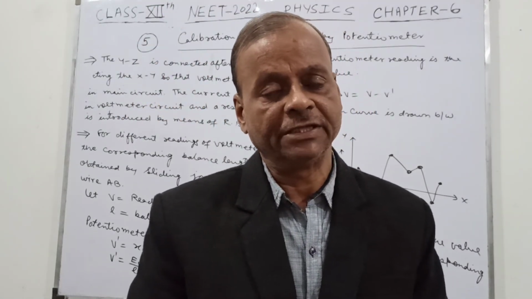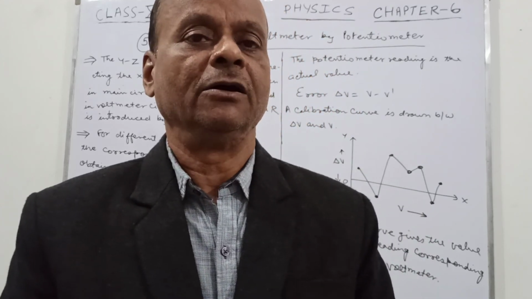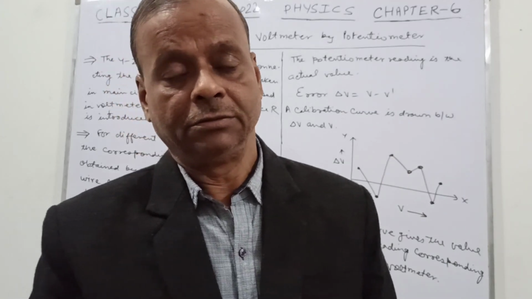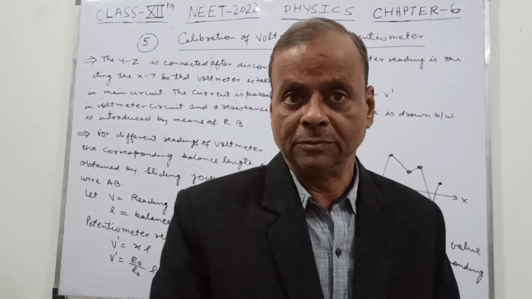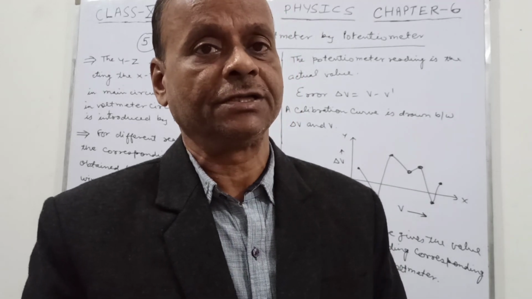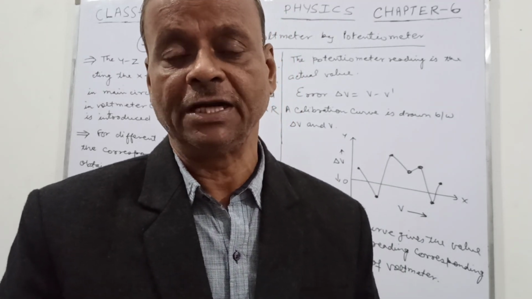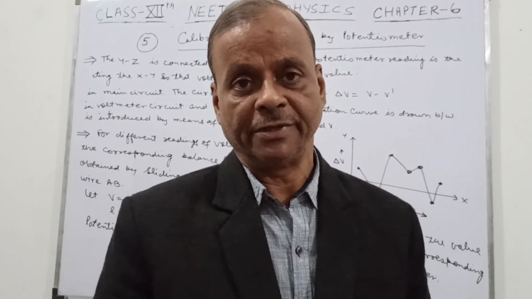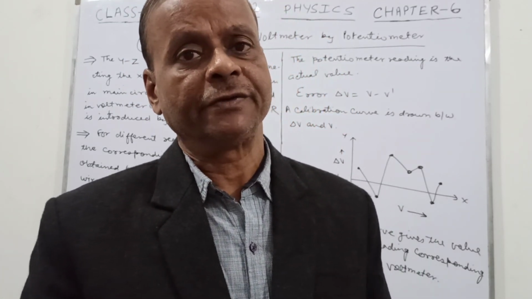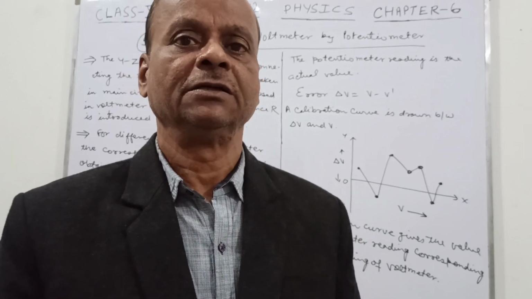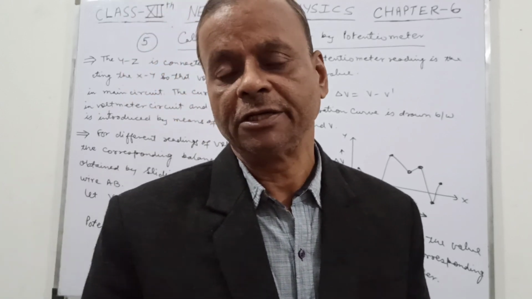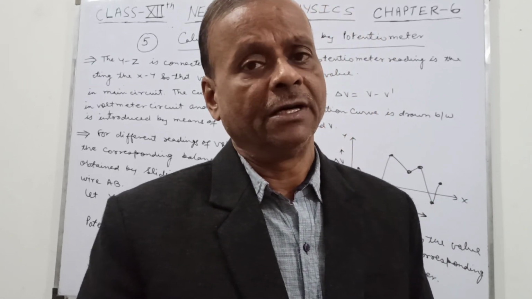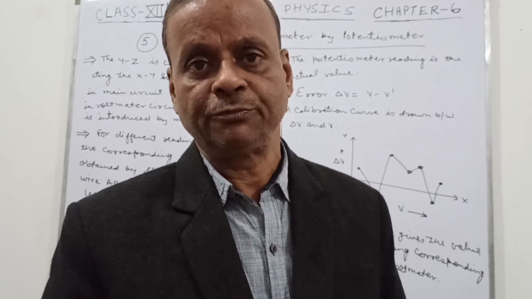When it is found that the error is very small, or the error is 0, then the instrument is considered a very good instrument, and then it is allowed to be sold in the market. The company that manufactures it first calibrates all the instruments like voltmeter, ammeter, wattmeter, and many others by the potentiometer.